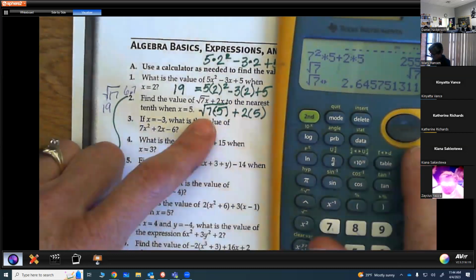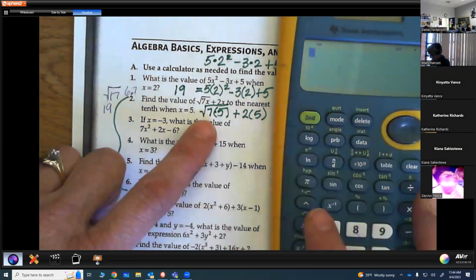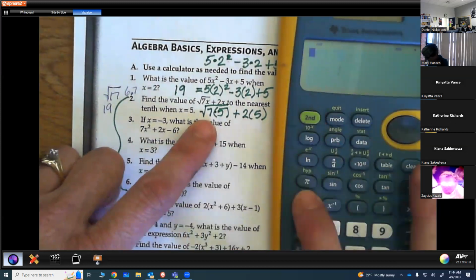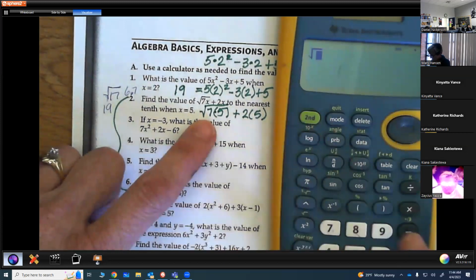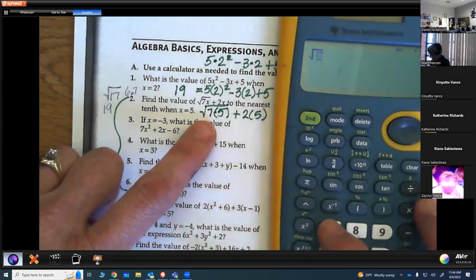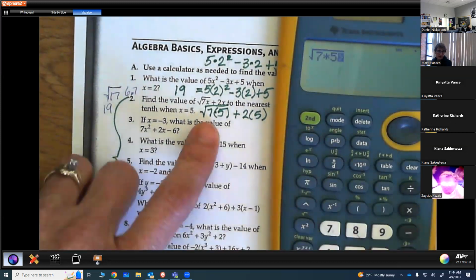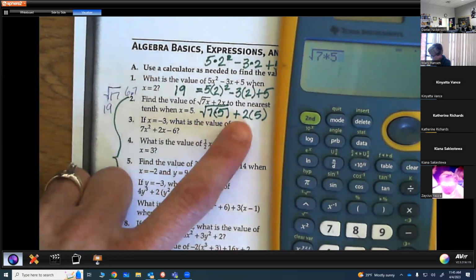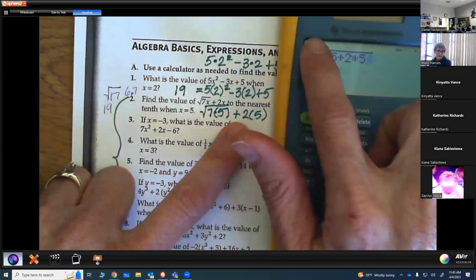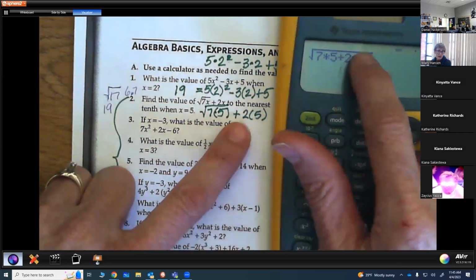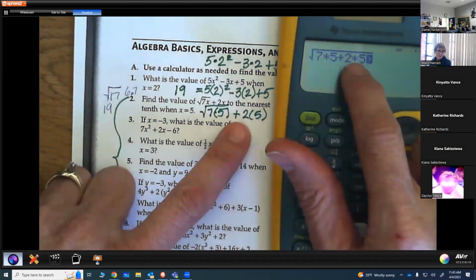Another thing I saw, or it could be an issue, is if you don't get out of the square root symbol, if you just keep going and put plus 2 times 5, do you see how this square root symbol extends over the 2 times 5? You've got to get out of the square root symbol.